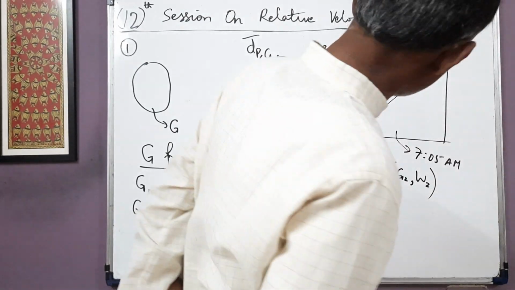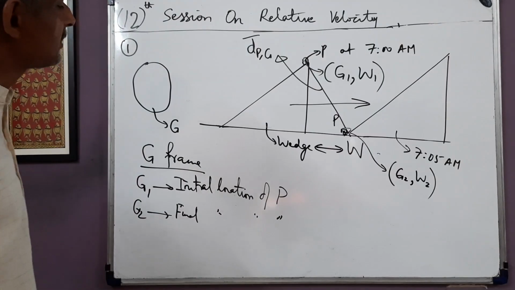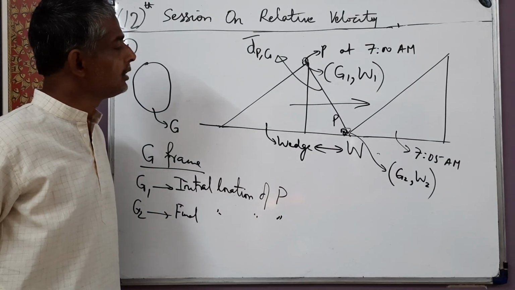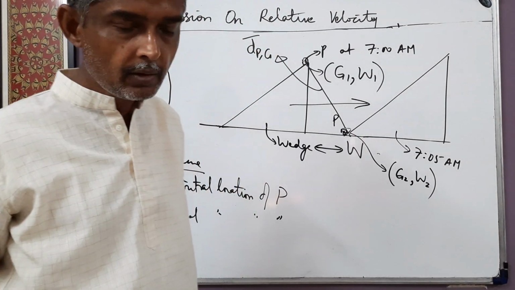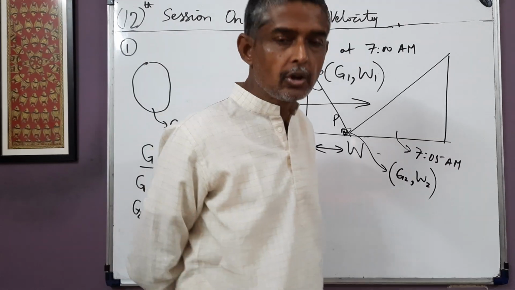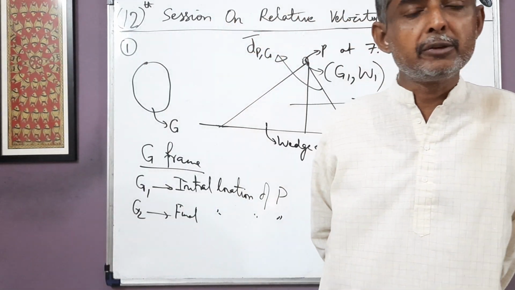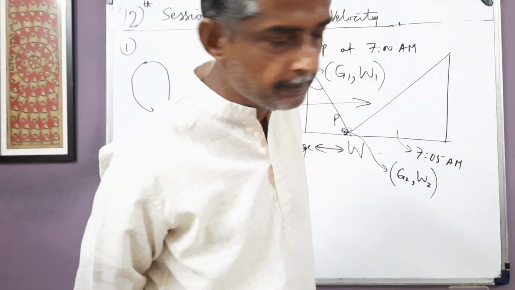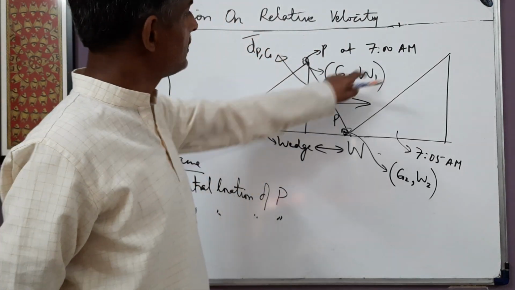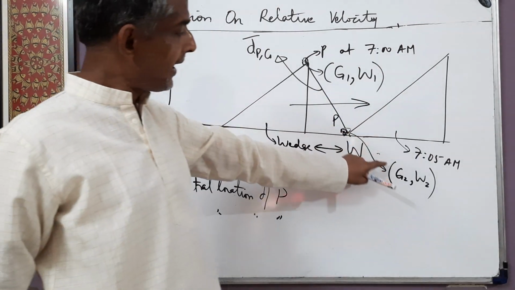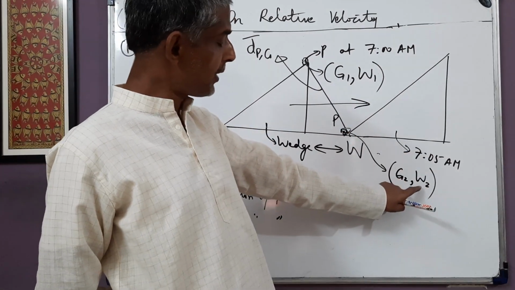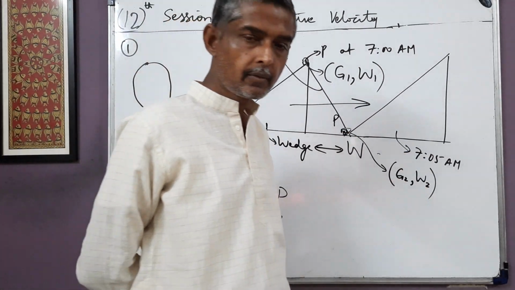Fine. Now our aim is to find the displacement of P with respect to wedge frame in the time interval 7 am to 7:05 am. For this we have to consider which locations of wedge frame point P occupies at these two time instants. At initial instant 7 am, point P occupies location W1 of wedge frame, and at 7:05 am it occupies location W2 of wedge frame.